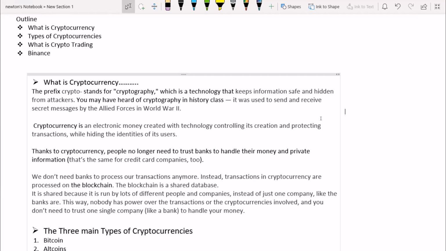A lot of us are used to that kind of system. But now with cryptocurrency, you can send money to anybody, anywhere in the world within minutes, and nobody knows. Like you can send $1 million to anybody, anywhere in the world within minutes.